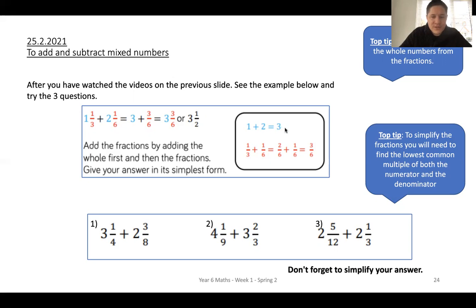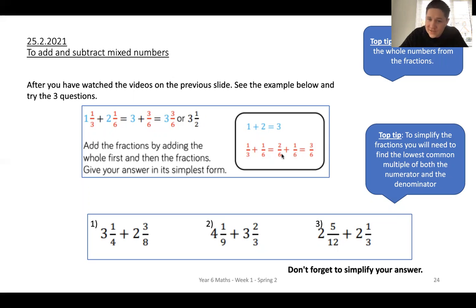1 and 2 is 3. Add those two blue ones together. We've got a third, add a sixth. I know that I need to find a common denominator to add those. So I've got sixths, because thirds can convert to sixths by doubling. So double 1/3 is 2/6.